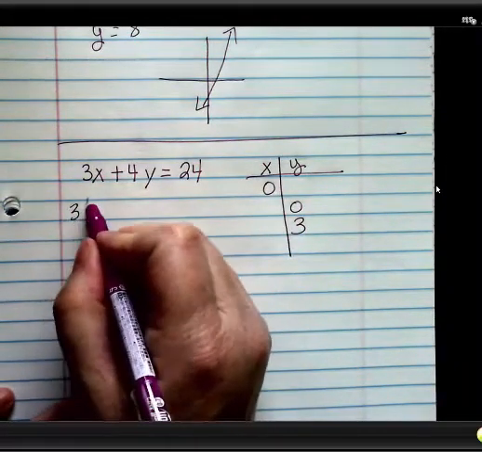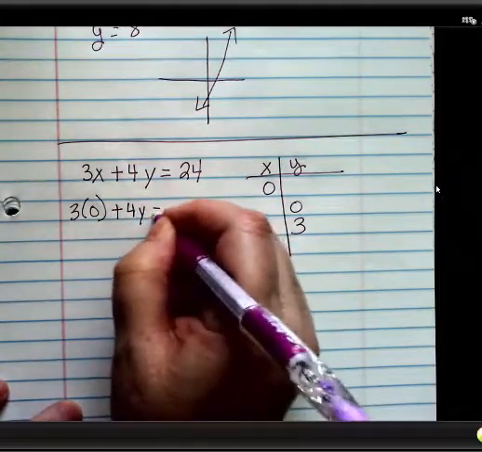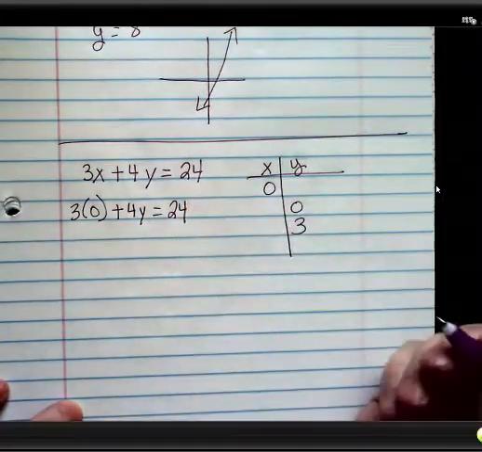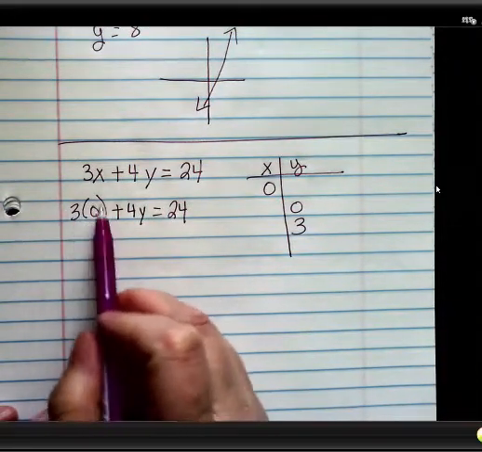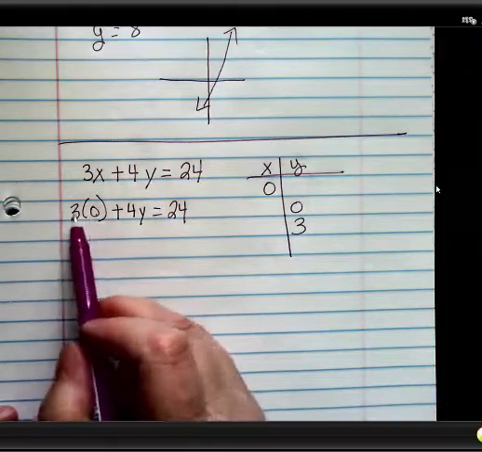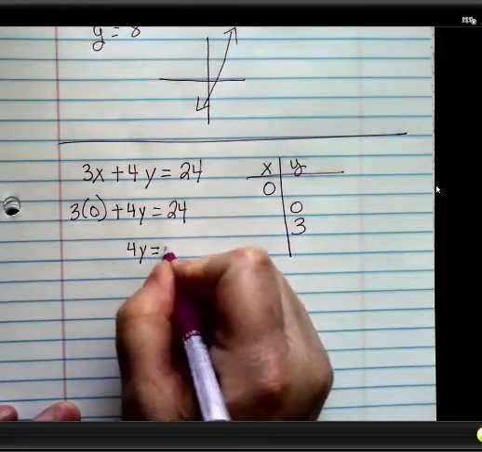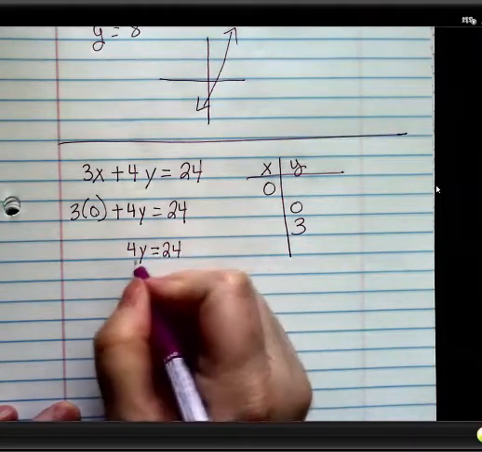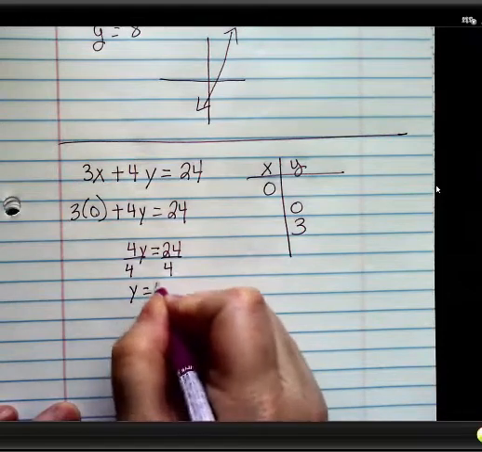So this is 3 times 0 plus 4y equals 24. What's 3 times 0? That essentially is 0. 0 plus 4y is just 4y. Divide both sides by 4. Y equals 6.